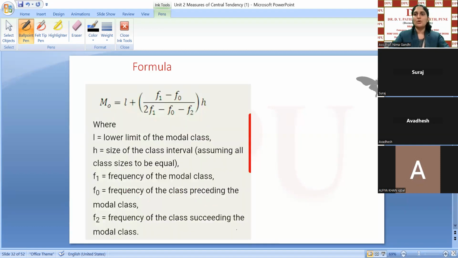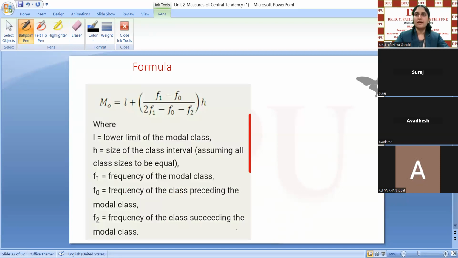So this formula we use when we have a grouped frequency distribution, like we have classes in the first column and respective frequencies in the second column. So this is the formula. L1 is the lower limit of the modal class. Now we are finding out the mode, so we are interested in knowing the modal class, like we were finding the median class when calculating the median.